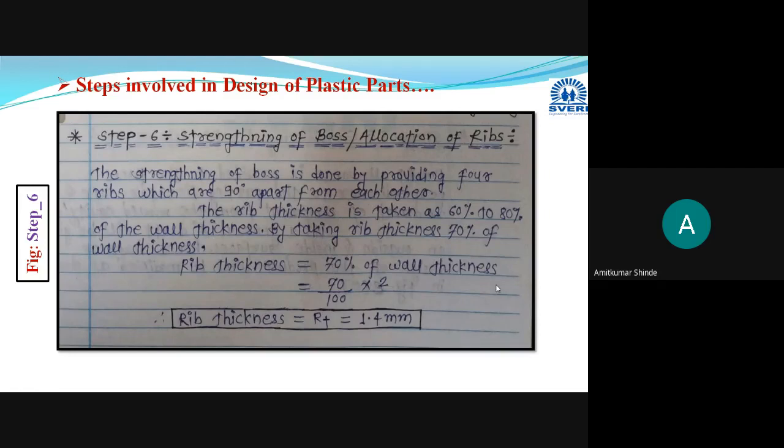Hence the rib thickness here will be 1.4 millimeter, since 70% of the 2 millimeter wall thickness we have considered.